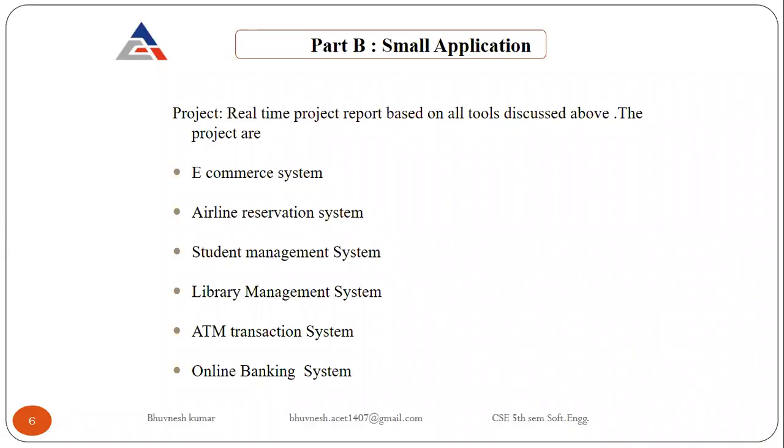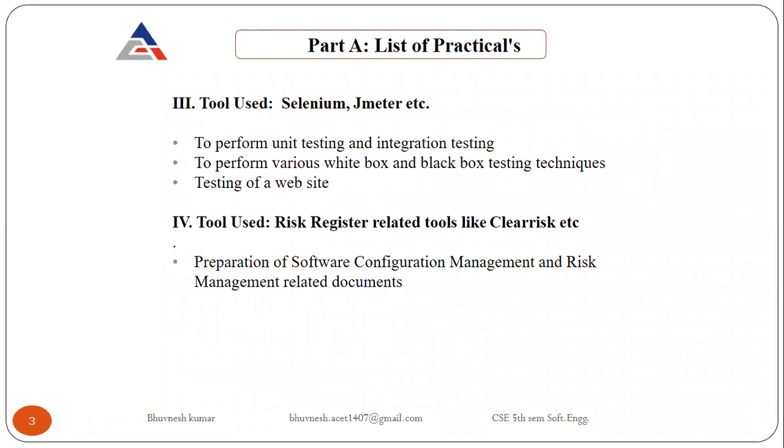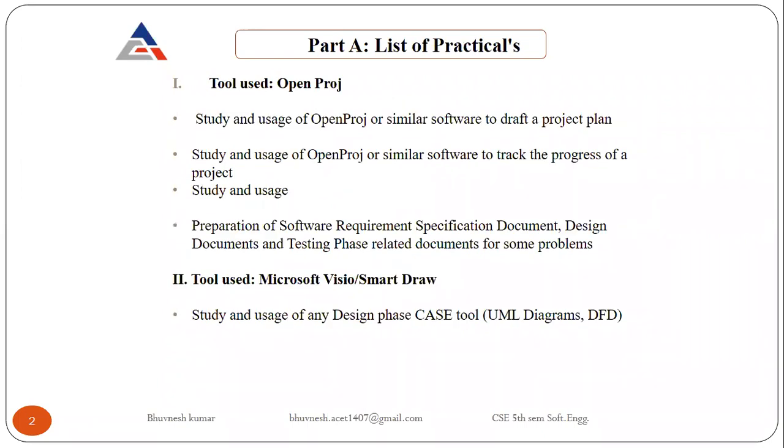All these concepts we will perform in our lab parts. We will start from our first practical, that is how we will install OpenProj, and then how we will use this OpenProj tool, that is Open Project.